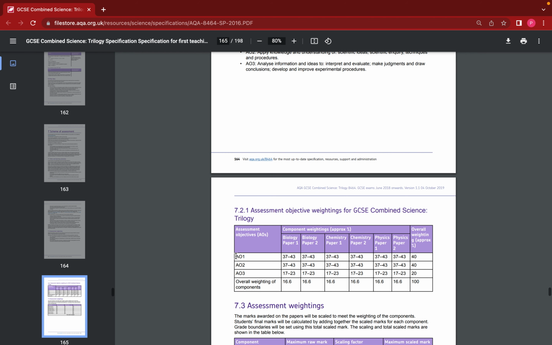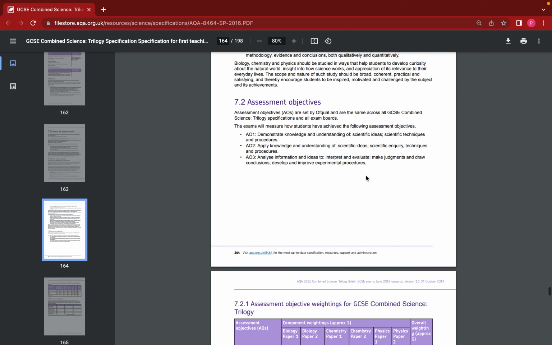Right, quick look here at the assessment weightings and the assessment objectives. If we look at these, we've got these 3 outcomes: assessment objective 1, 2, and 3, and you can see the weighting is 40, 40, and 20 for objective 3 here. So you can see that's about knowledge and understanding of scientific ideas, techniques, and procedures. But then we've got inquiry techniques as well.